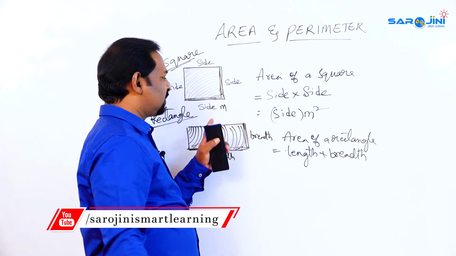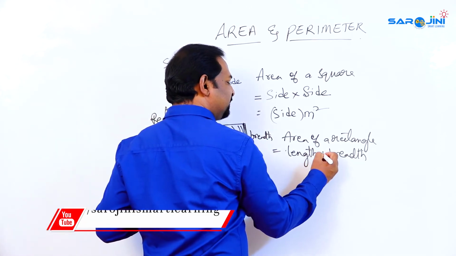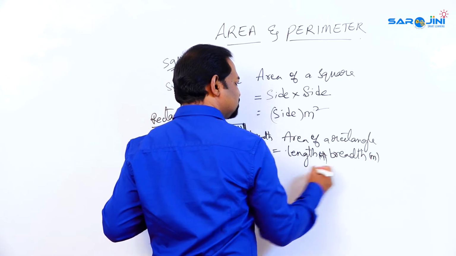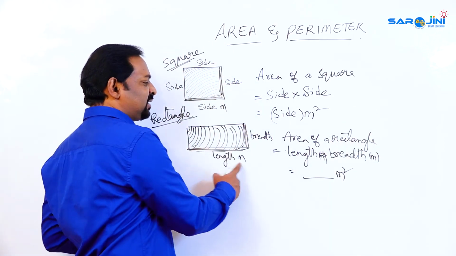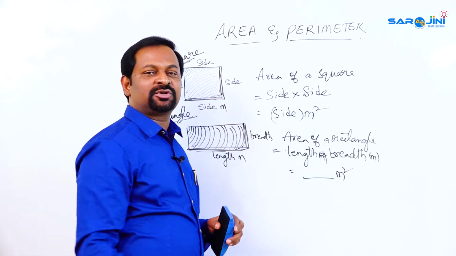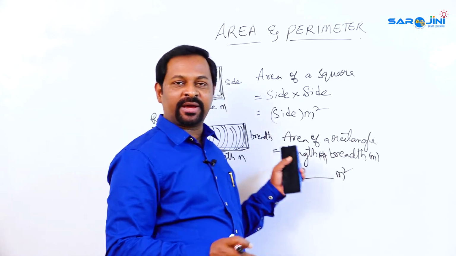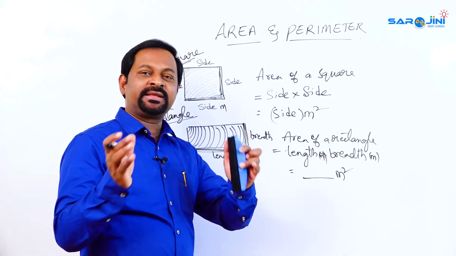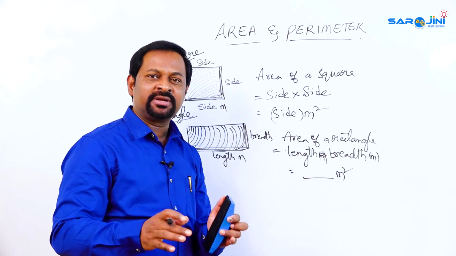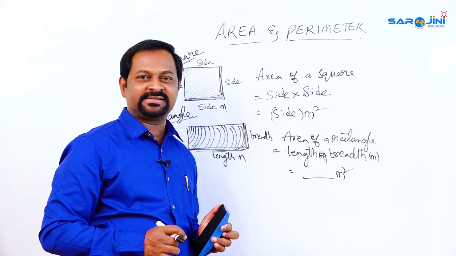If length and breadth are in meters, the final answer is in meter square. If in centimeters, you get centimeter square. These are the two things to remember for a square as well as a rectangle. Area is the measurement we take inside the given figure.